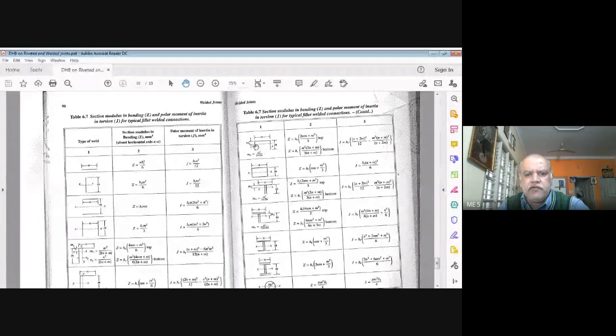If you look at the various joints out there, the first one has section modulus in bending. One equation is for top, another is for bottom.